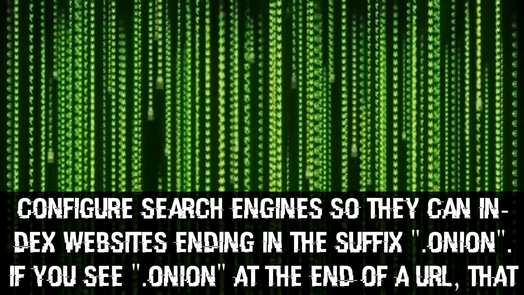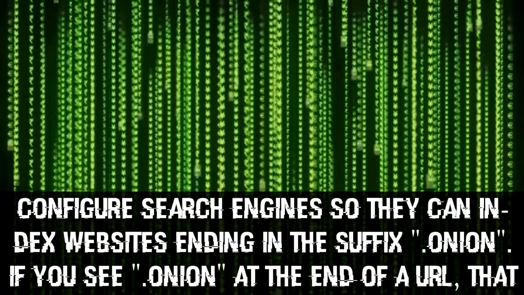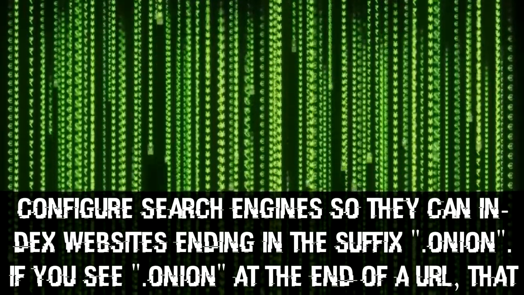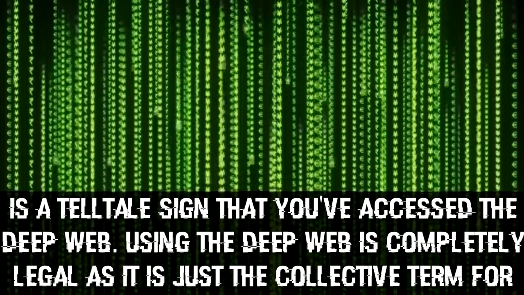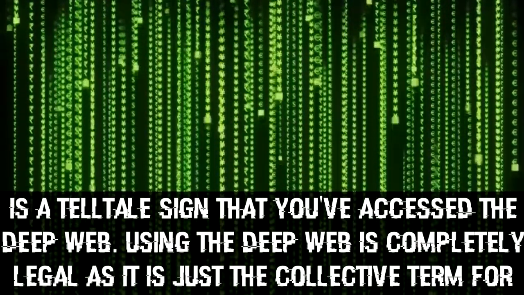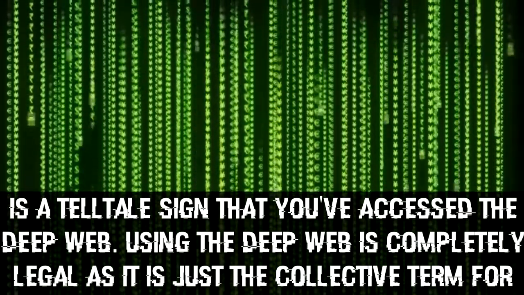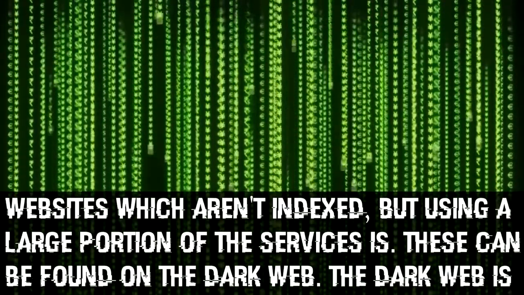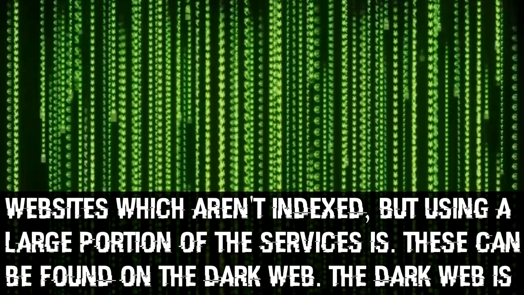These browsers configure search engines so they can index websites ending in the suffix .onion. If you see .onion at the end of the URL, that is a telltale sign that you've accessed the deep web. Using the deep web is completely legal, as it is just a collective term for websites which aren't indexed, but using a large portion of these services is not.